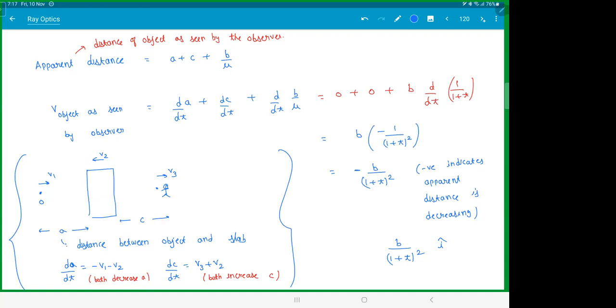Because in the apparent shift formula, there is nothing much, but you can play around like this. Clear? Next one.